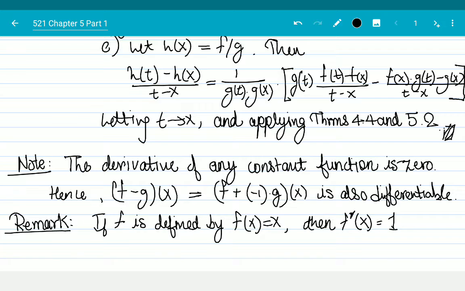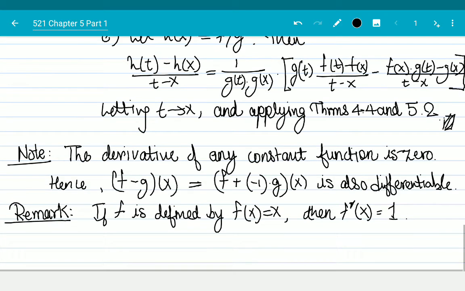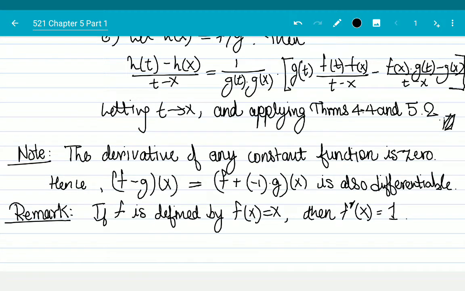A very common mistake that people make is thinking that if the function's value at x is x, then the derivative is 1. No. For example, just because f of 0 is equal to 0, that does not mean the derivative is going to be 0. Sorry, the derivative is going to be 1.